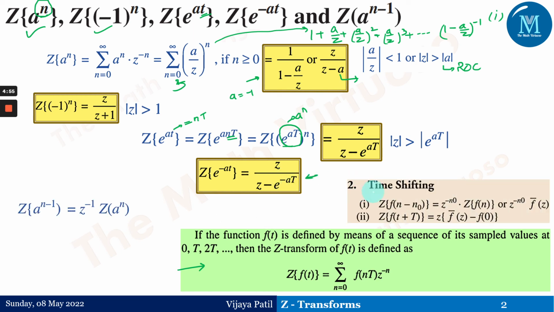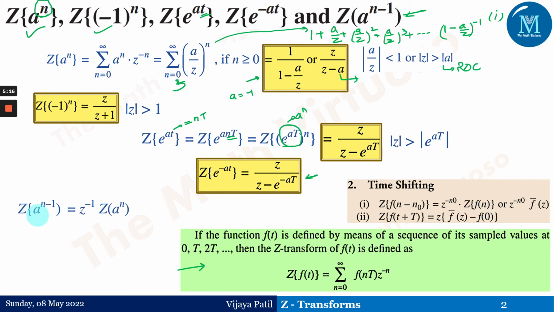Next, we have to use the time shifting property to go ahead with this particular function, a to the power n minus 1. Z transform of f of n minus n0 is equal to z to the power minus n0 times the Z transform of f of n. This is what we have used here.